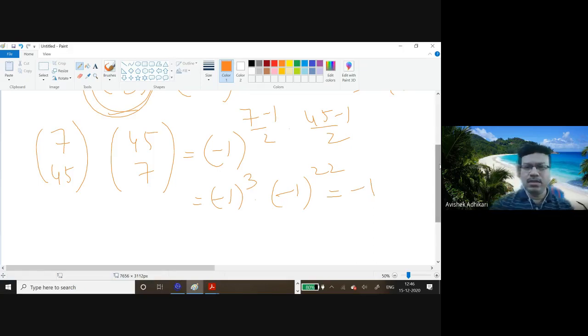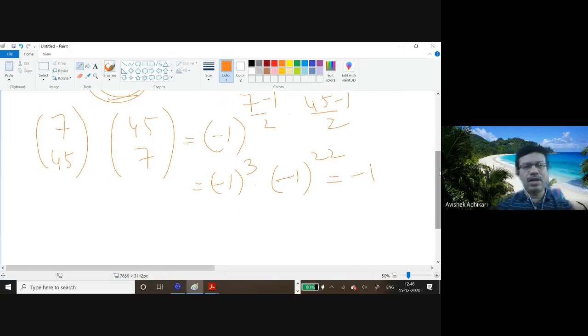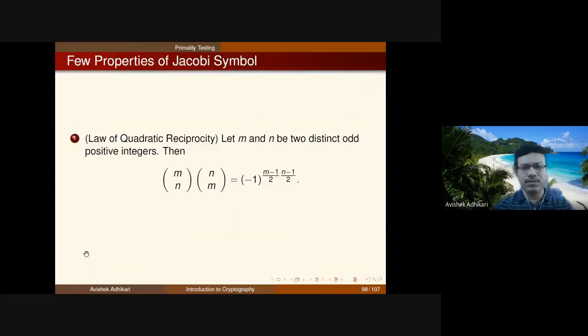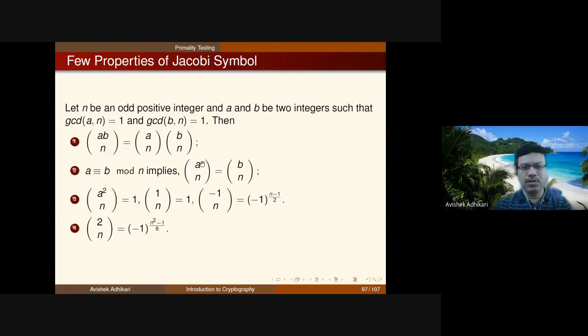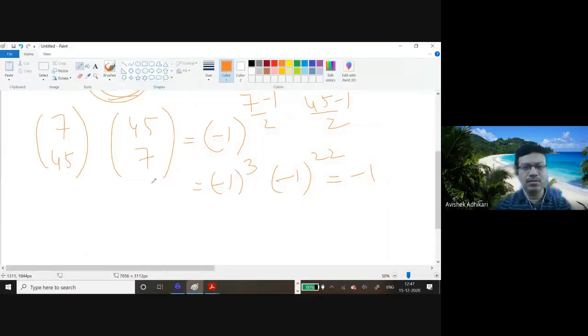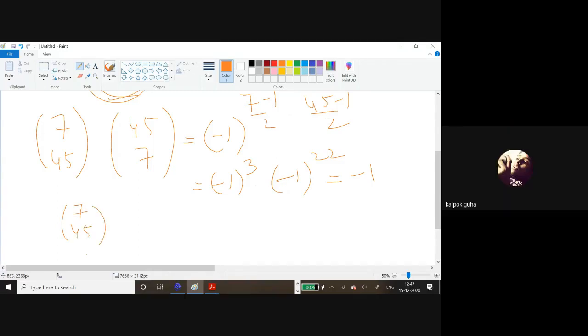Clear? So what is this value then? This value is easier to calculate because it can be reduced by using this formula. So what is this value? If I multiply both sides, so this should be plus 1, I think, because it is minus 1 to the power 22 into 3.